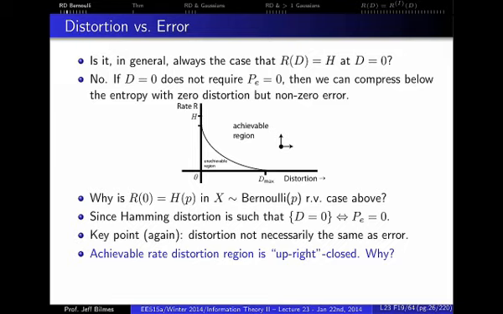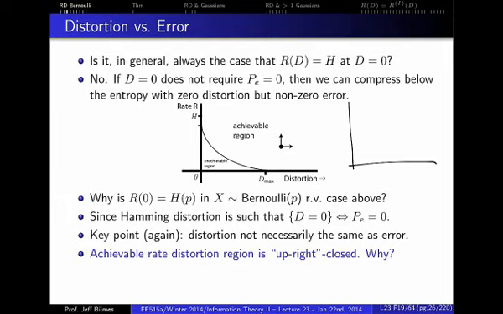Does this mean it's convex? Necessarily? Does upright closed guarantee convexity of the achievable region? Quasi-convex? Well, we're talking about, first of all, a set. What is a quasi-convex set? It's not convex. Here's an upright closed region.